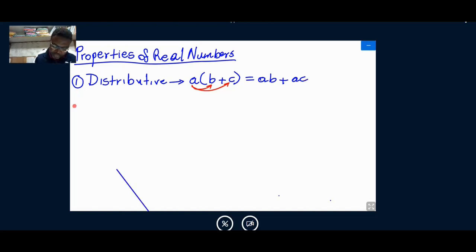Number 2. We are talking about the associative property. Associative property. Let me write it.